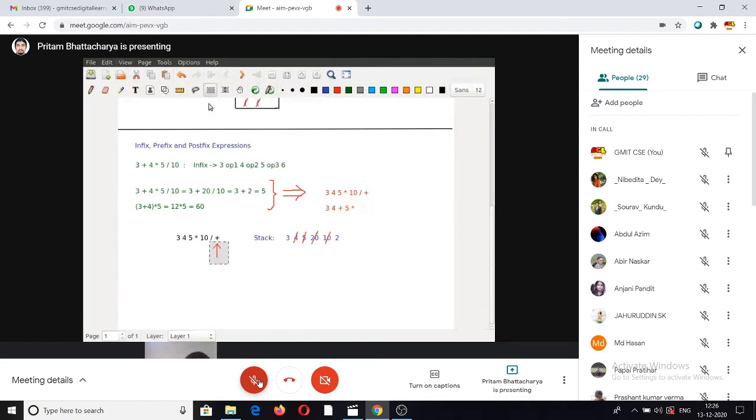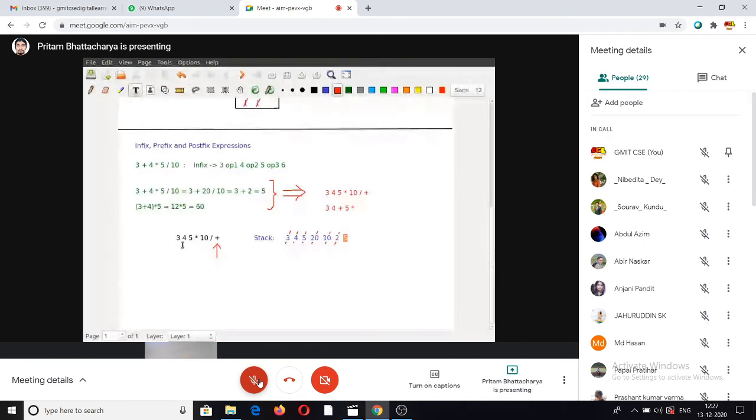And once again, I will be popping the two operands on top of the stack, that is 2 and 3. And whatever is the final result, temporarily I just write this 5 back into the stack, but once I see that there is nowhere further to go, that is I have reached the end of the input, whatever value is on the top of the stack, I return it as the result.